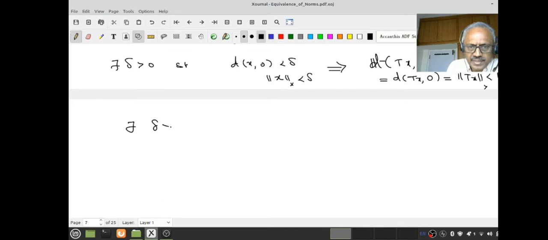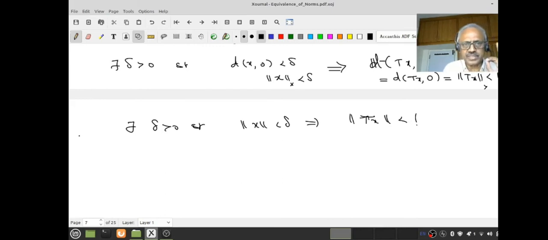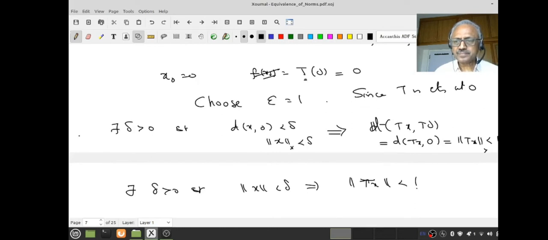Let me rewrite it again. There is a delta, so that norm of x less than delta should imply norm of Tx is less than 1. This is by continuity. We are using just continuity of T at 0, and the fact T is a linear map. Where did I use that T is a linear map? Because this is norm of Tx minus 0.